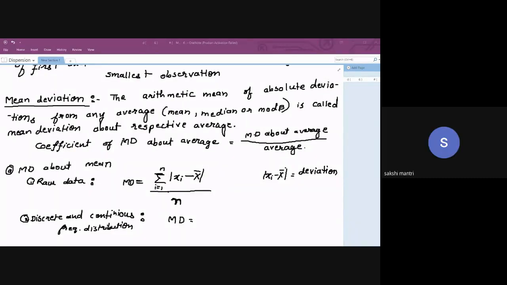Summation of f mod xi minus x bar upon summation of f, yes, i is running from 1 to n.